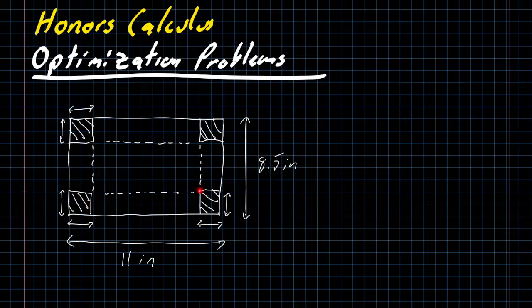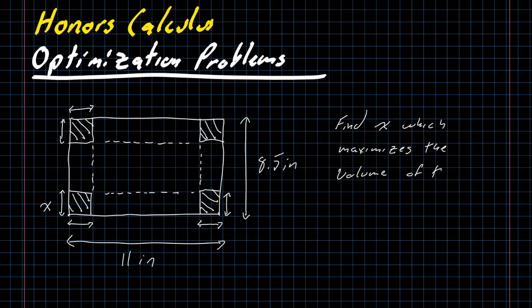Going around, you find out that all of these edges have to be the exact same length in order for this to work. Let's call that length x. And our task is to find the value of x which will maximize the volume of the box.